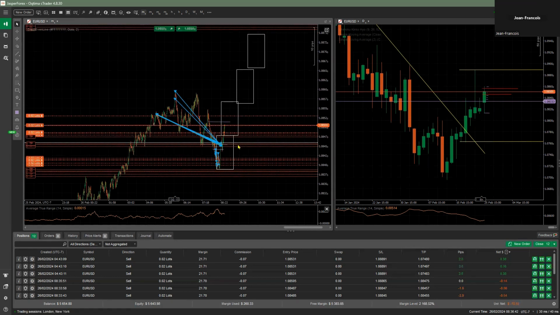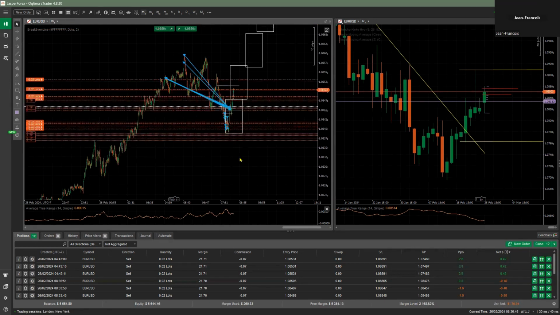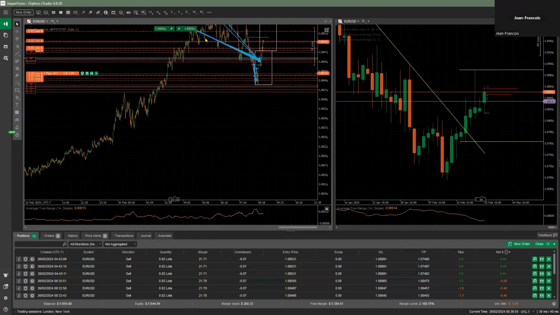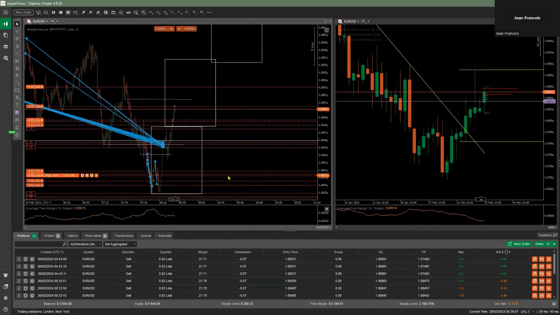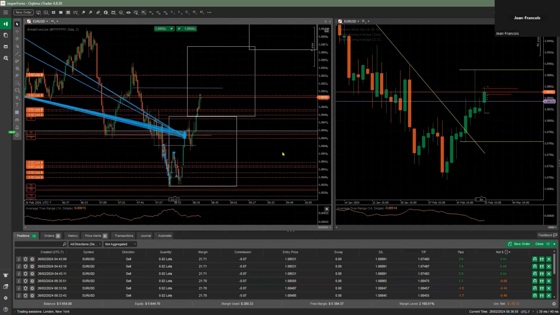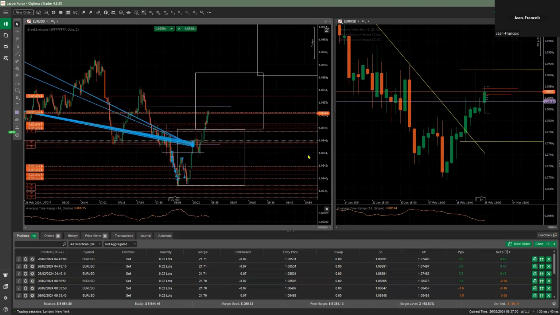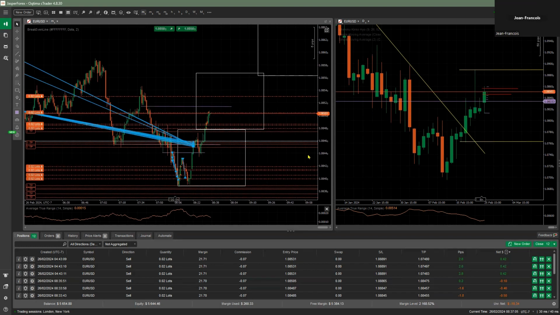Because it wouldn't be abnormal for the market to move 4 boxes, just like it did here. It moved 4 boxes before we came to work this morning. So that's the kind of stuff, right? By measuring with the boxes, you have an idea of when things have run their course.